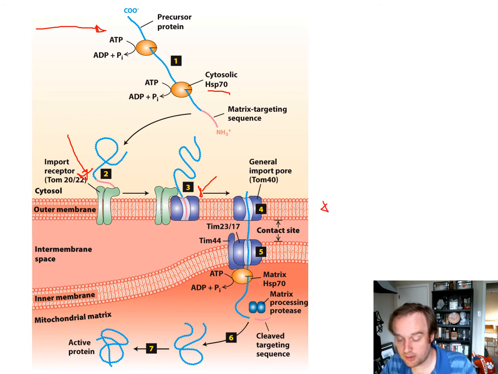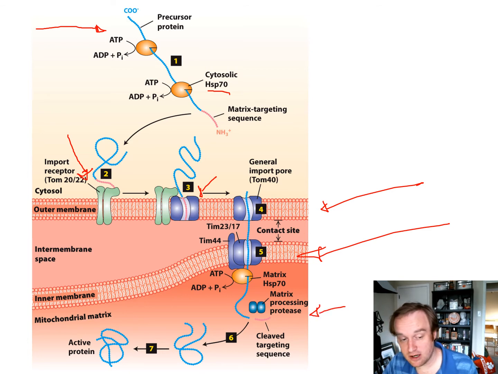So we have our outer membrane, and we have our inner membrane, and then we have the mitochondrial matrix at the bottom. And so in step 4 here, this protein moves through the outer membrane and inserts into the inner membrane translocon, which we need 2 of them to get through 2 membranes, right? In step 5, the protein moves through the inner membrane. It binds to HSP70, and that helps drive the import into the matrix.